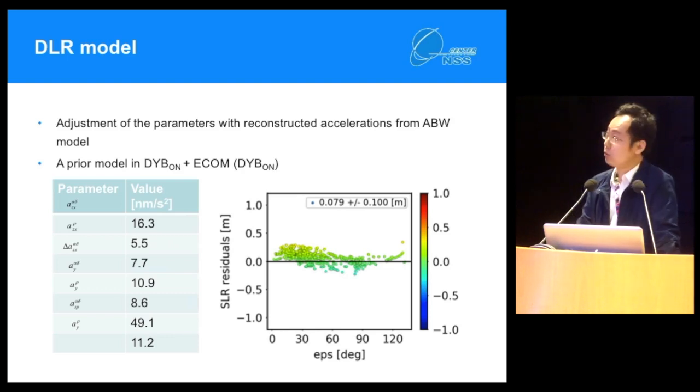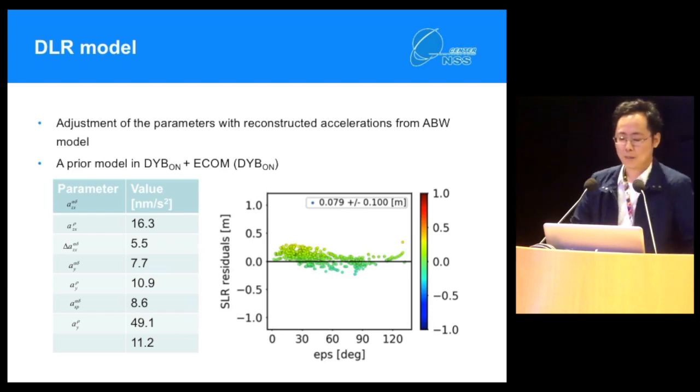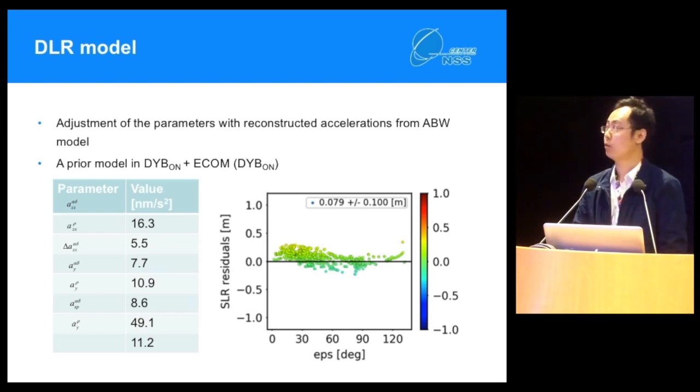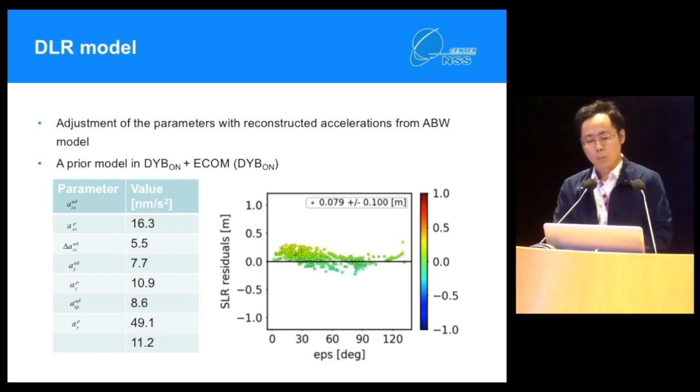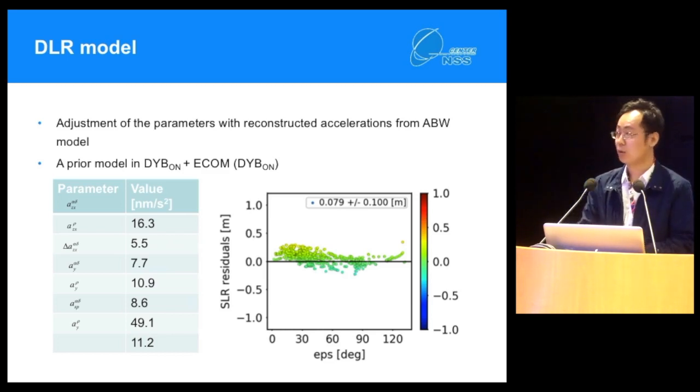And with this, we calculate the GEO's orbit. The satellite laser ranging SLR validation is still good, but there is a noticeable bias, although it's not large, up to 14 centimeters, but it is still 8 centimeters. We think maybe we need to improve the coefficients later.